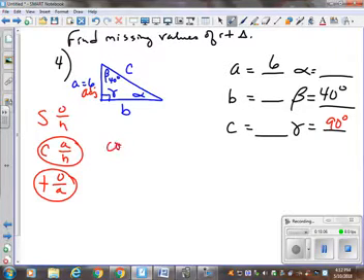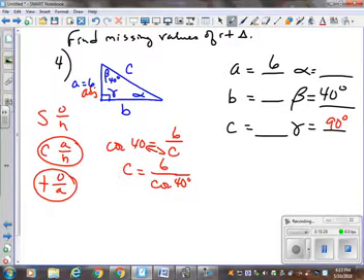So the cosine of 40 degrees is equal to adjacent over hypotenuse, which is 6 over C. Let's solve this one for C, and then we'll look at the tangent example of how to use adjacent in it. I talked about this yesterday in class, how you switch the diagonal. C equals 6 over cosine of 40 degrees is how you solve when the variable on the bottom is missing.